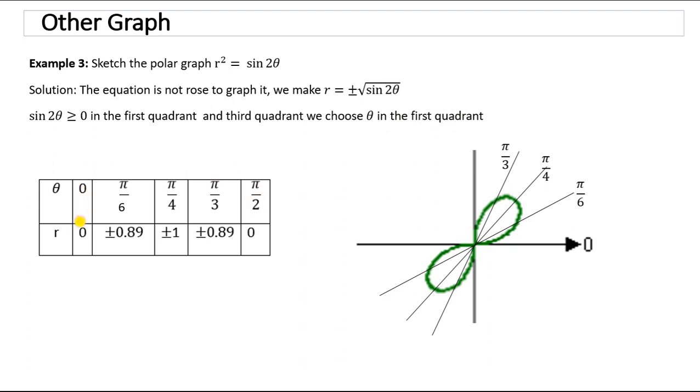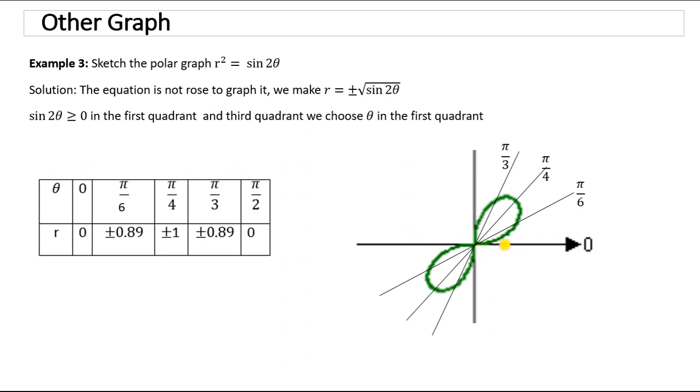If theta is 0, r is plus or minus the square root of 0, which is 0. For pi over 6, the square root of sine pi over 3, which is 0.87, gives 0.93. For pi over 4, it will be plus or minus 1. And for pi over 3, the square root of 0.87 gives 0.93. And if theta equals pi over 2, sine pi is 0.